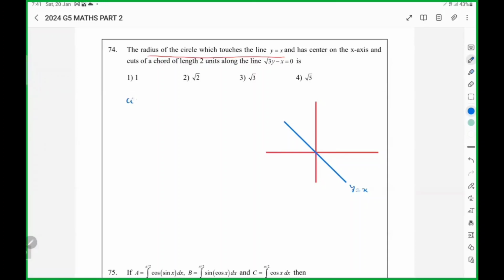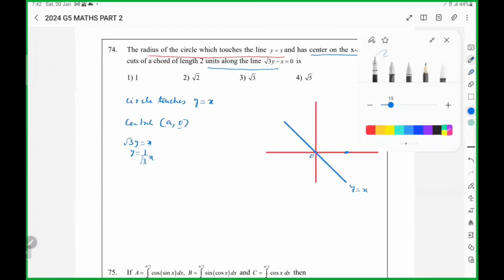First, the circle touches. This is one piece of information. The center is on the x-axis somewhere here. Second information: somewhere on the x-axis means the y coordinate is zero. It is at a distance from the origin. And root 3 y is equal to x, so y is 1 by root 3 x.